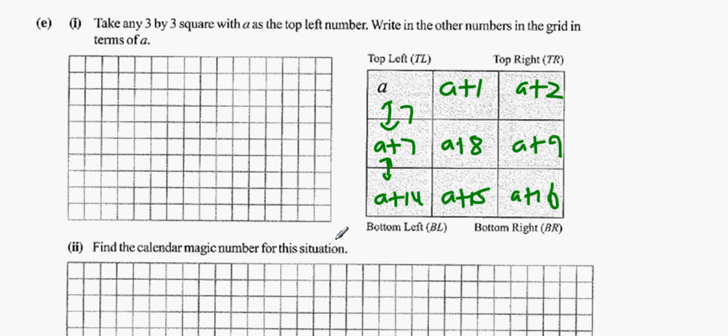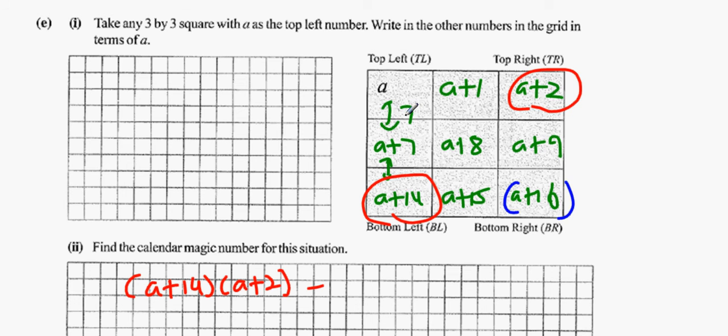Okay. Find the calendar magic number for this situation. So it's going to be A plus 14 multiplied by A plus 2, minus A times A plus 16. I'm going to multiply this out.